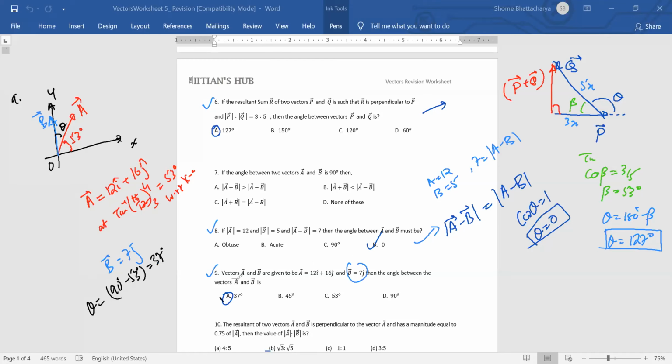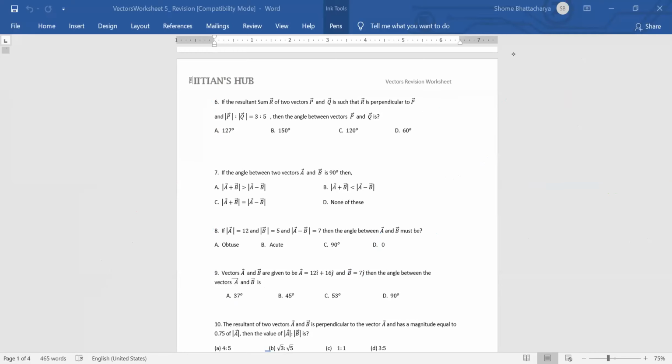So that's why this is the correct answer. Okay, so hope this question is also clear. Okay, good. So let's discuss a few more.